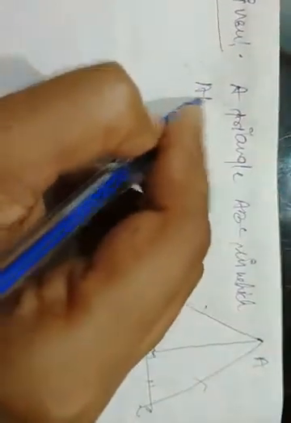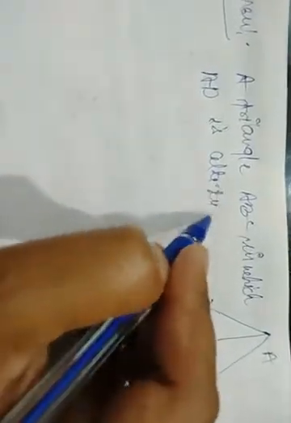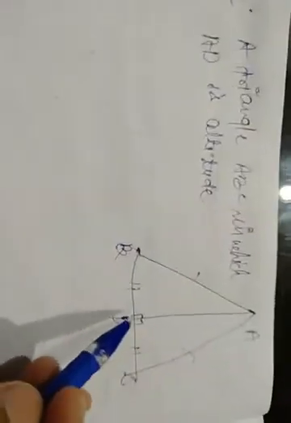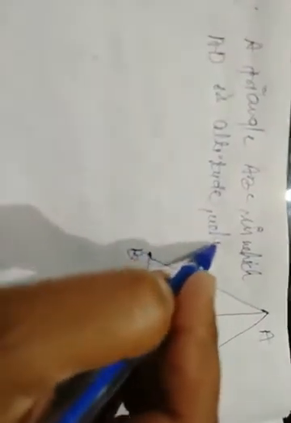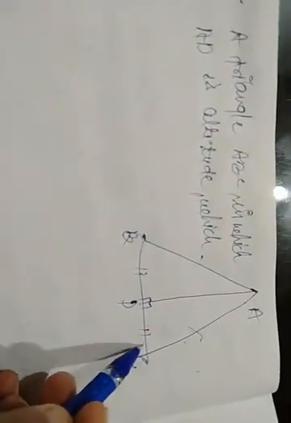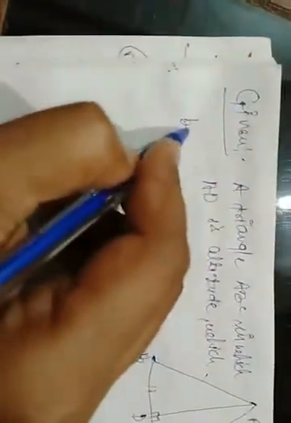First of all we write the given. In the given, what do I write? A triangle ABC in which AD is altitude, which bisects the opposite side BC.